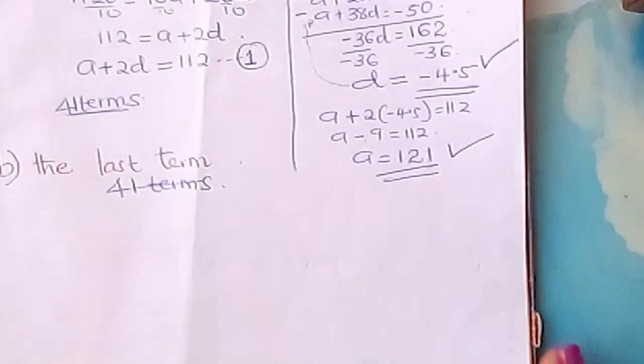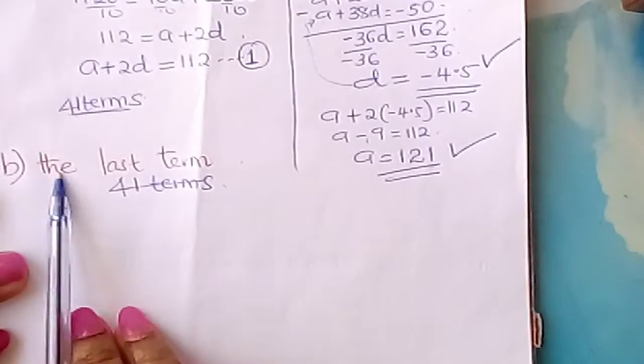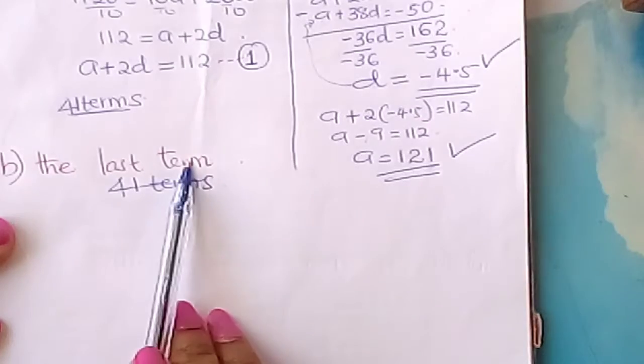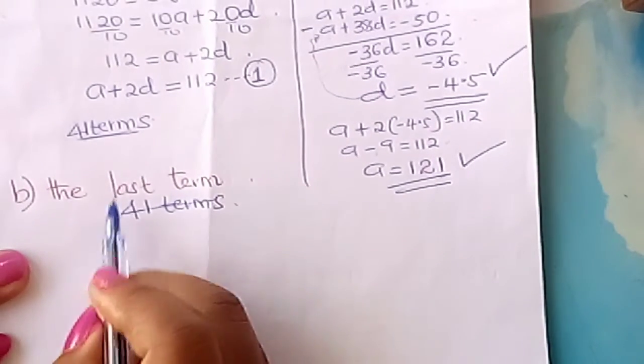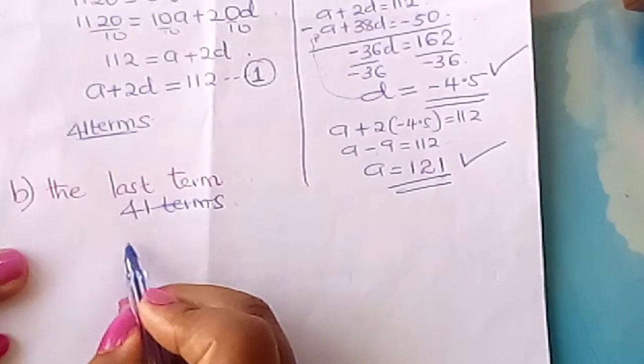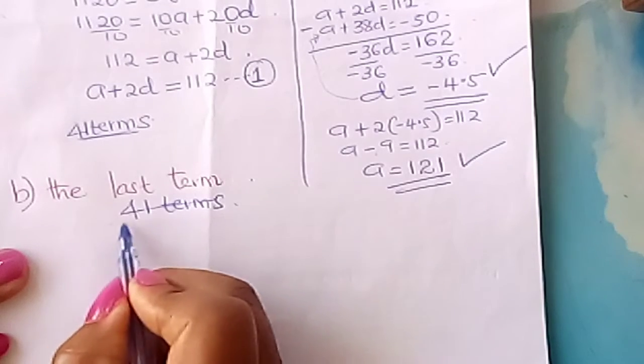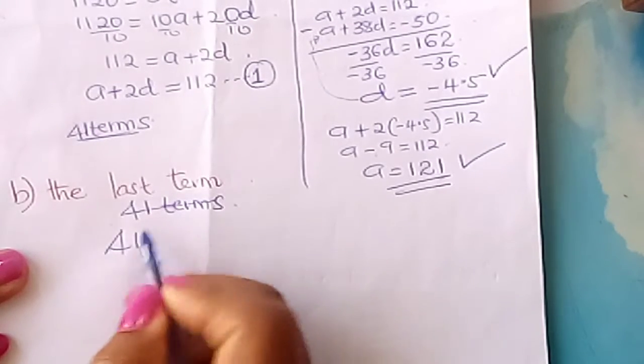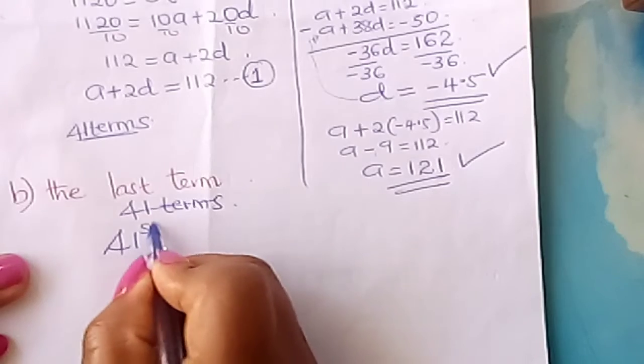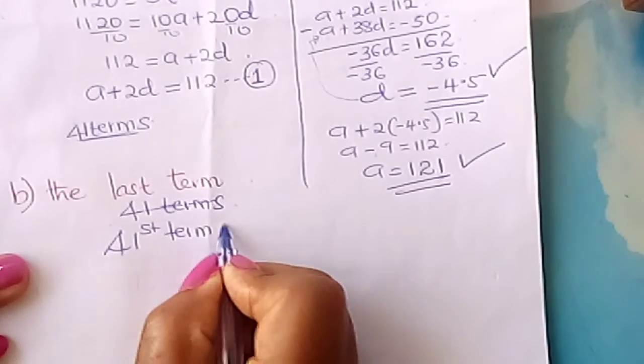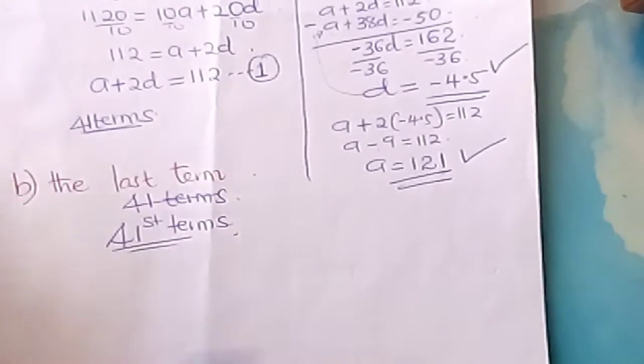We go to part B, Lana. Part B, the last term. Find the last term. The last term is the 41st term. We have 41 terms.